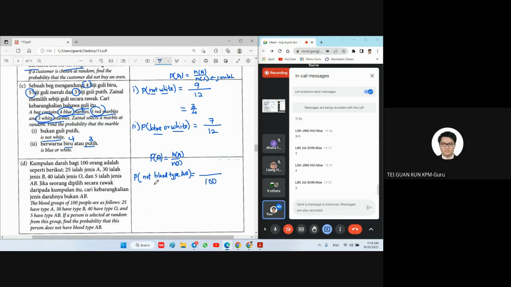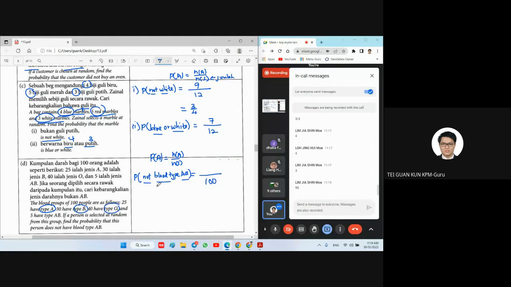Okay, not blood type AB. Yang bukan jenis darah AB. Yang bukan jenis darah AB apa? 95. Ya, 95 lah.